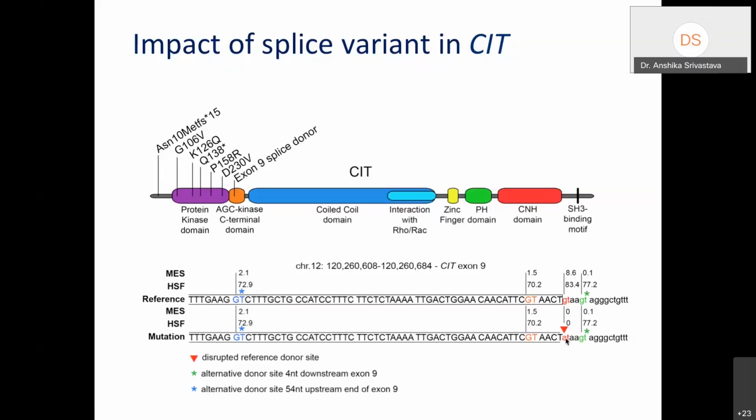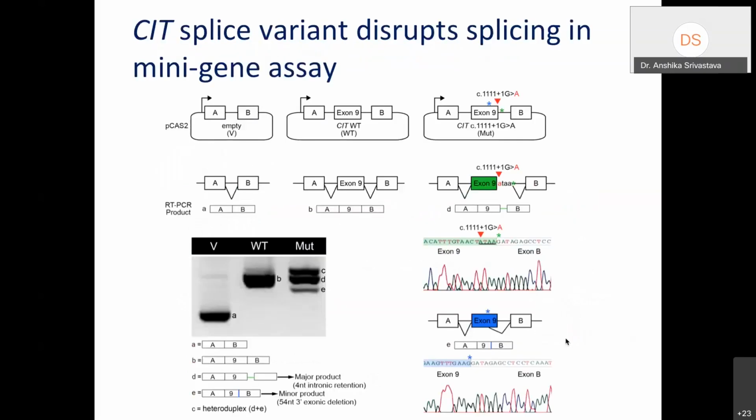We wanted to show how the splice variant disrupts splicing, so we used minigene assays. In a minigene assay, we take an empty vector and amplify the region of interest, in our case citron kinase.